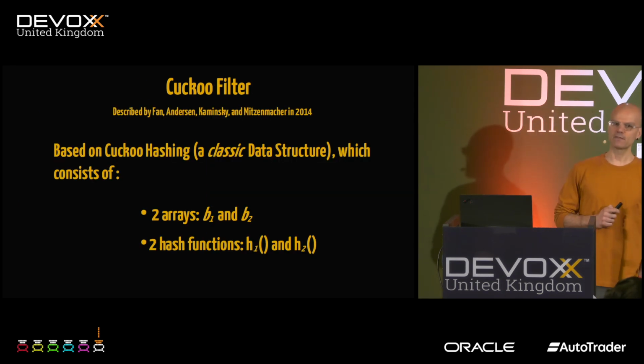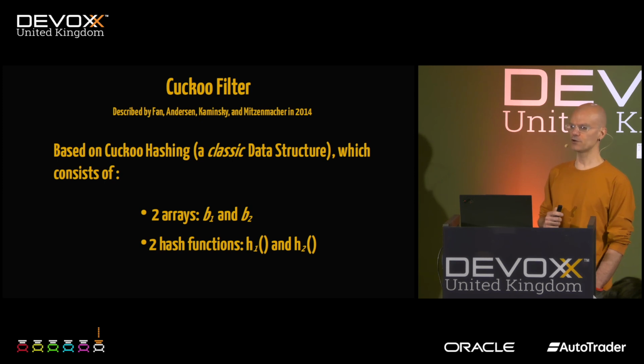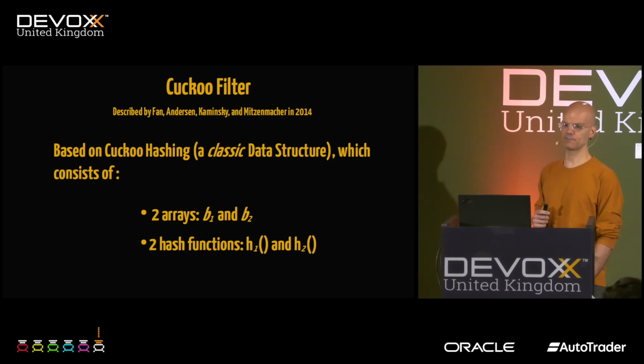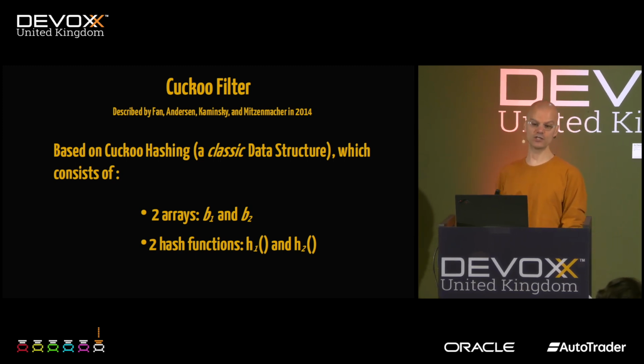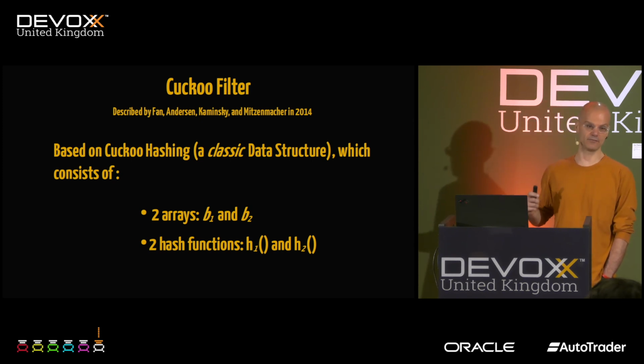So there are a lot of other probabilistic data structures, but in this presentation we will only see another one, which is the Cuckoo filter, which tries to address these problems. This is based on Cuckoo hashing, and Cuckoo hashing is a classic data structure, so it will return exact values.